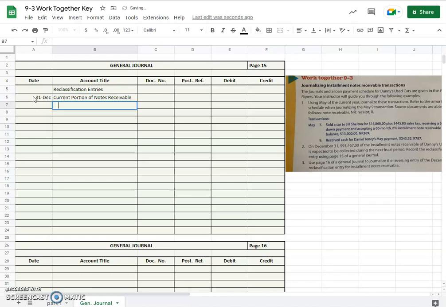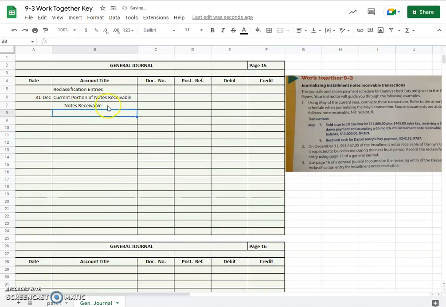And then we'll need a credit to reduce our notes receivable. Both are assets, they're just going to show up in different parts of our assets on the balance sheet. That's why it's a reclassification entry. The amount was just the $93,467 that our book gave us. And there shouldn't really be a document number in a reclassification entry, so we can leave that part blank.